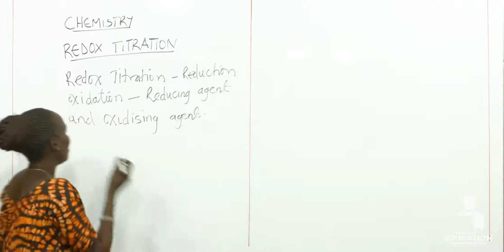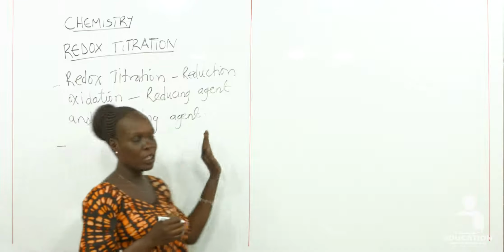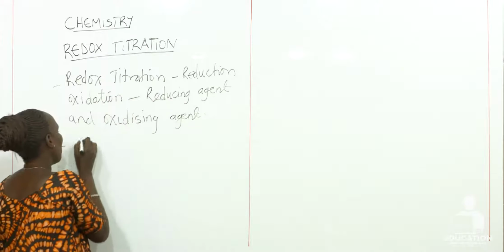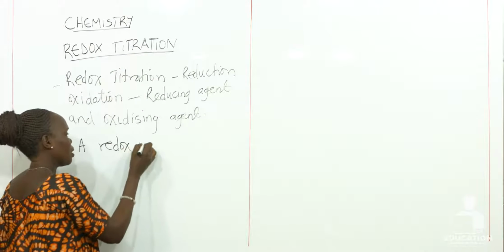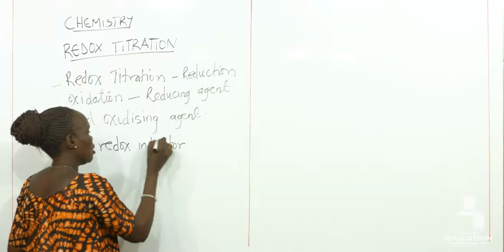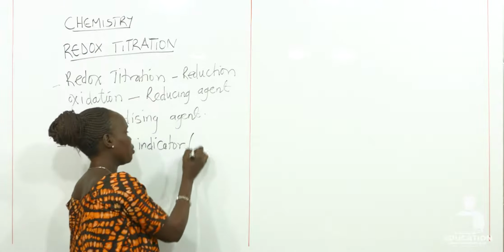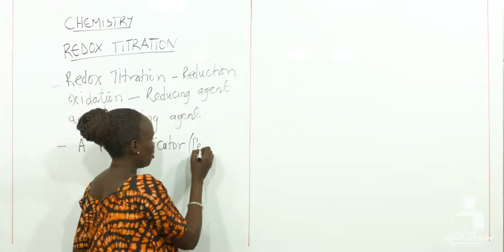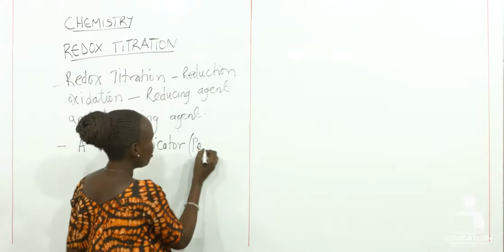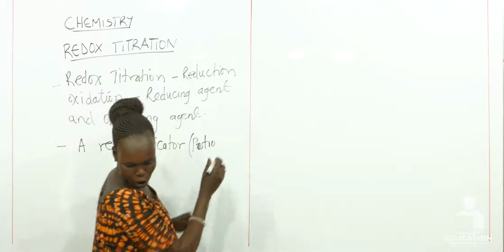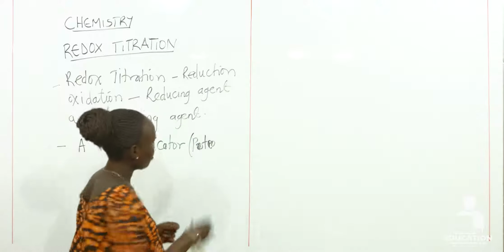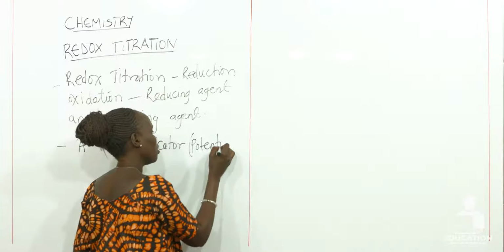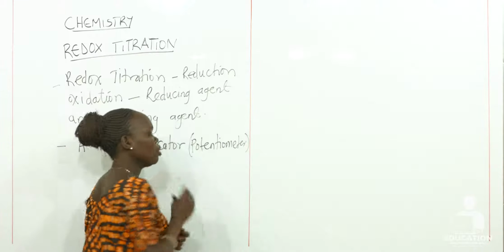In the titration process of redox titration, you may see that there is a redox indicator, or we can have potentiometers, which are used in place of the indicator.